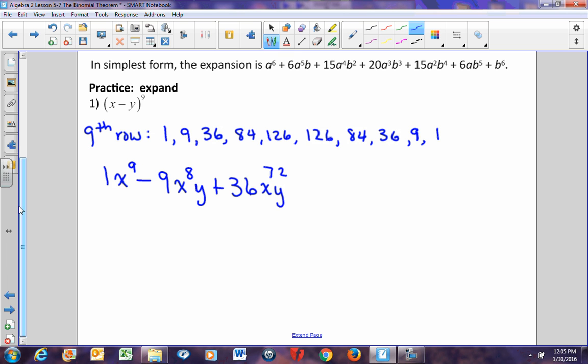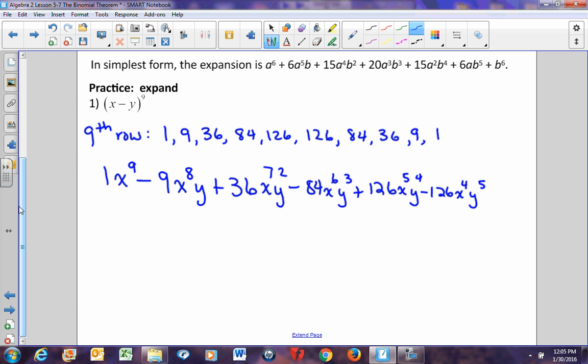This is probably not going to fit on this page. Minus 84, X to the 6th, Y to the 3rd. Plus 126, now we're at X to the 5th, Y to the 4th. And then a negative 126, X to the 4th, Y to the 5th.